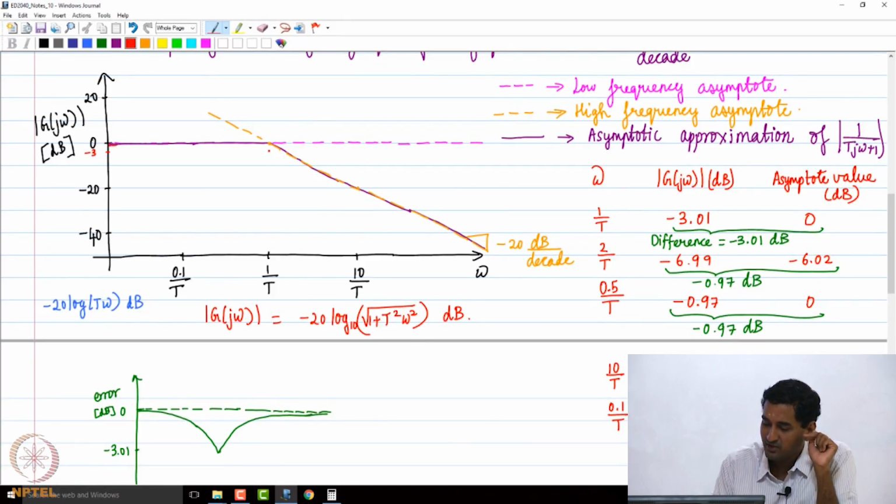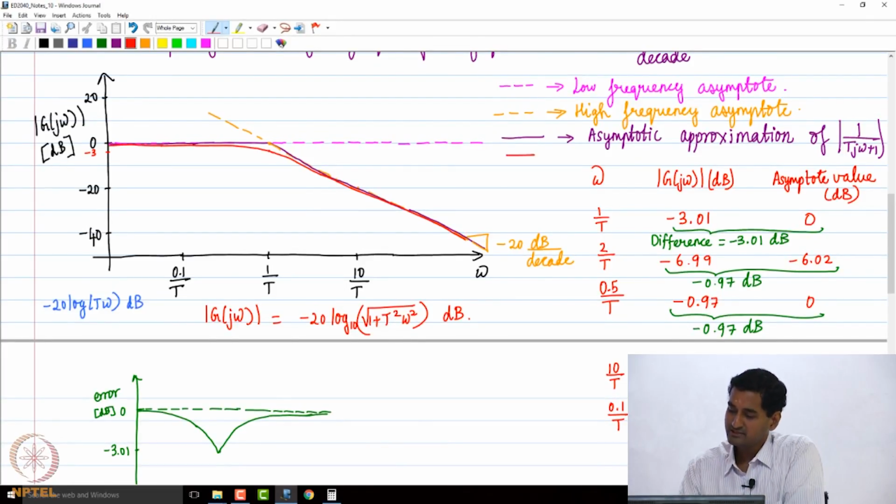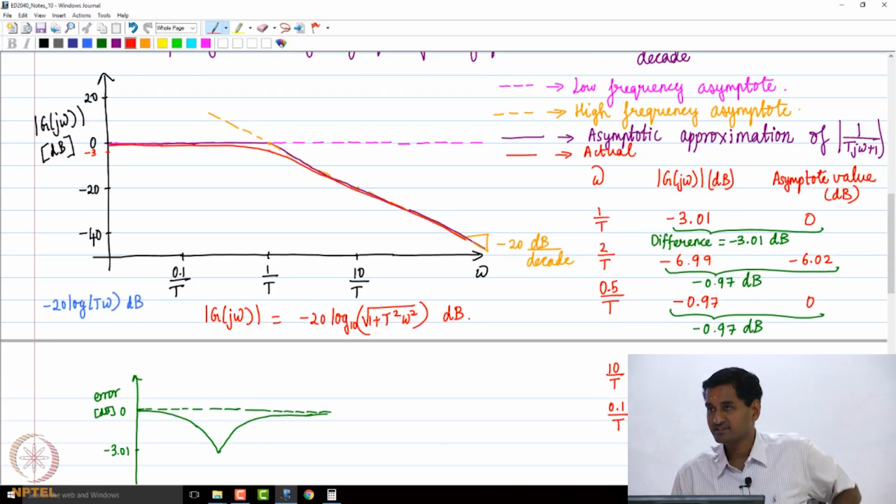So the actual plot is going to be something like this, right. I am just drawing an approximate curve just to illustrate the point, okay. So the actual curve is going to be a smooth curve like this, okay. So the red one is the actual, right. So that is just illustration there, right.